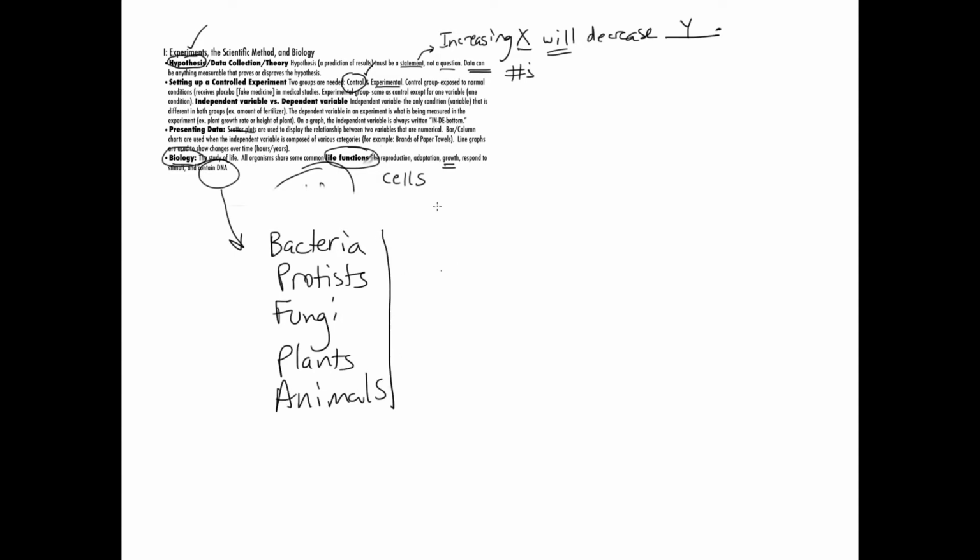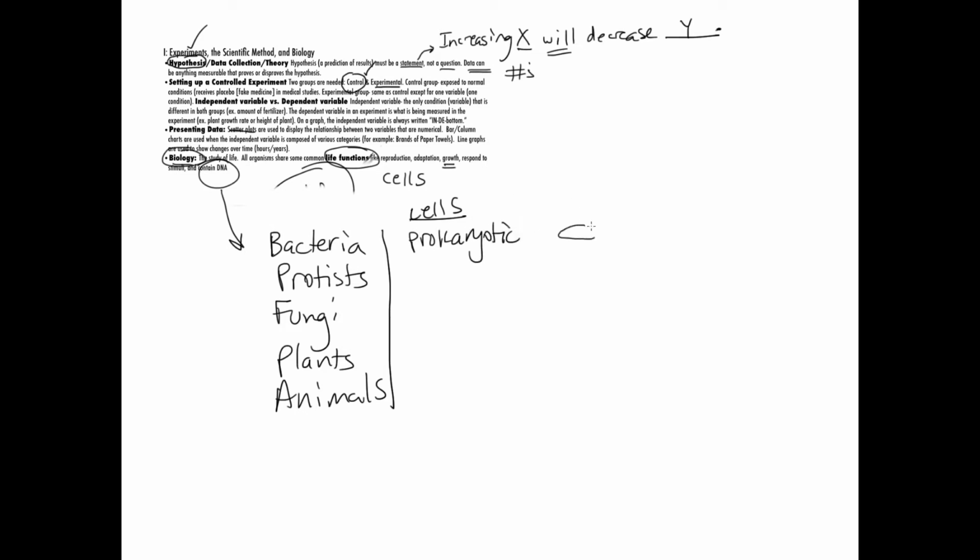Just to review what's alive real quick, because I don't have it in this review. Remember, we say that the 5 kingdoms are bacteria, protists, fungi, plants, and animals. And what you need to understand about each one is what kind of cells they have. So bacteria have very simple cells. Those are called prokaryotic cells, and that means they have no nucleus.